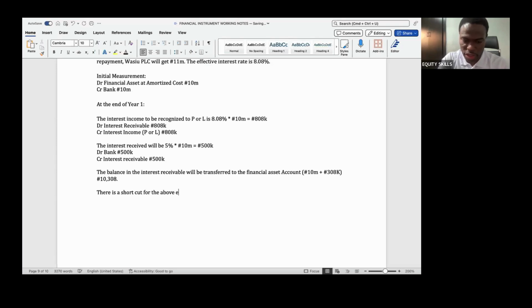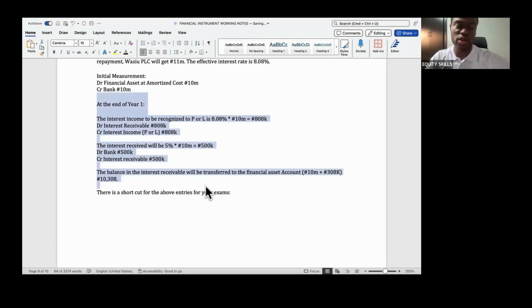For the above entries, for your exams, every time they ask you to do this, don't go about doing this. It will take a long time, and some of you are not very good with double entry, and it can be catastrophic. After a lot of stress, you make a mistake, and that will not be nice.